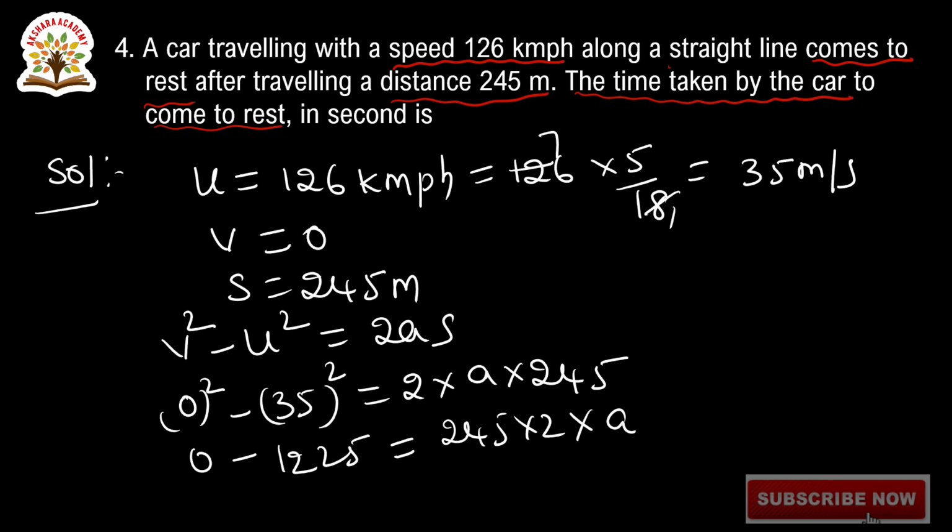So from this we are writing a is equal to minus 1225 by 245 into 2.